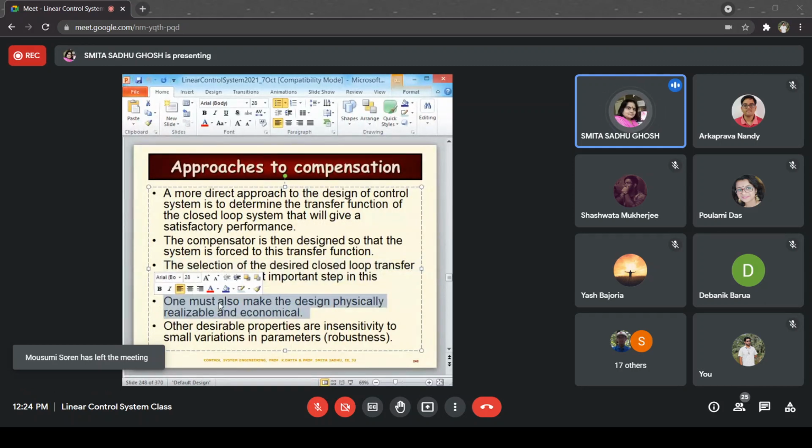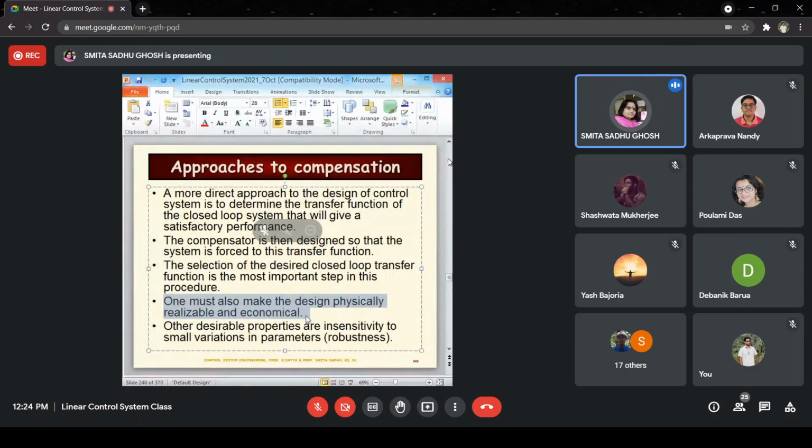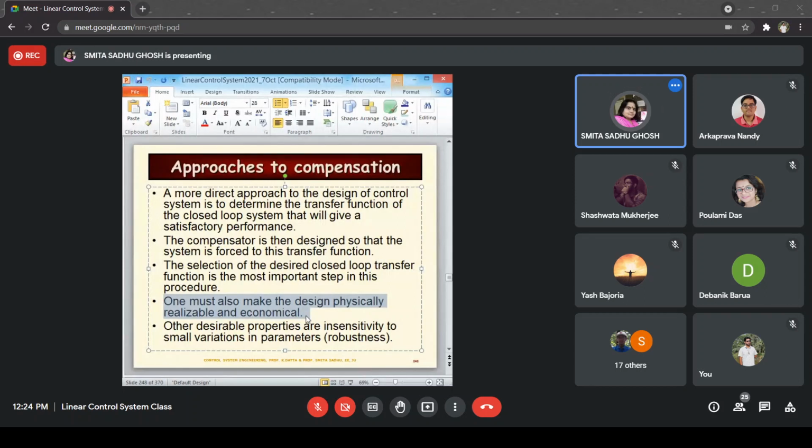So one must also be able to make the design physically realizable and economical. In the process of designing a compensator, say you have a compensator transfer function, you've said, okay, this should be the transfer function of my compensator. It should essentially be physically realizable, right?